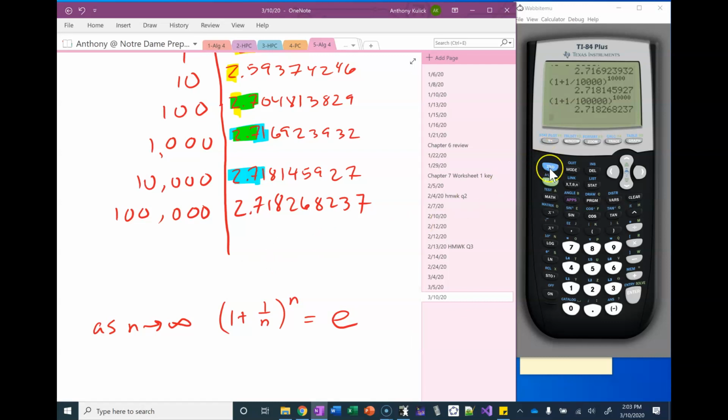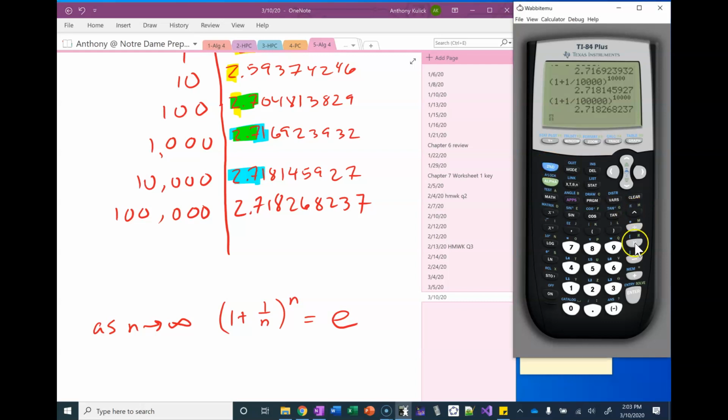This is an irrational number, just like pi. It's a decimal that goes on forever, but it doesn't repeat. So we're going to give it a symbol, just like we give a symbol to represent the number pi. And this number is programmed into our calculator, just like the number for pi.